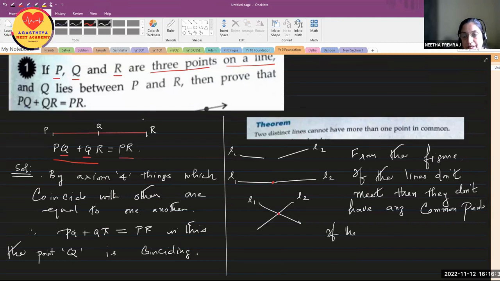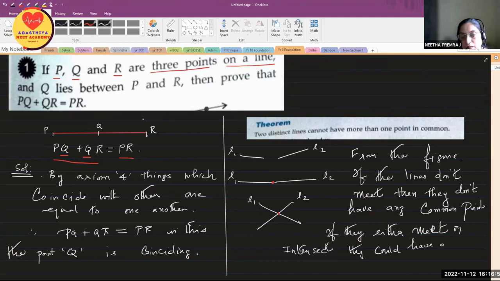If they either meet or intersect, they could have only one common point. That's it. Make a note of it.